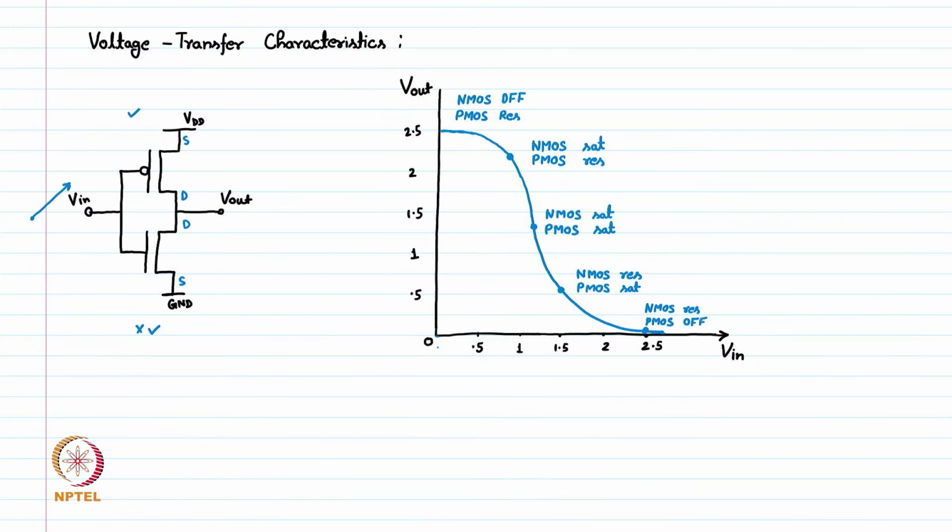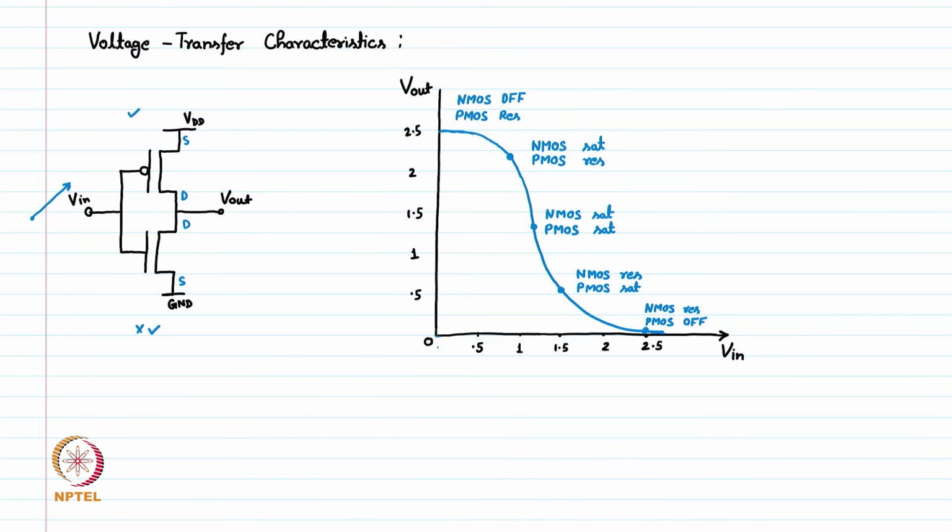So, this is the typical voltage transfer characteristic of an inverter. At input low, output is high, and at input high, the output is low. And in between, the transition happens something like this. We have a slowly going curve from top to bottom, and these are various sections where the PMOS and NMOS change their region of operation.